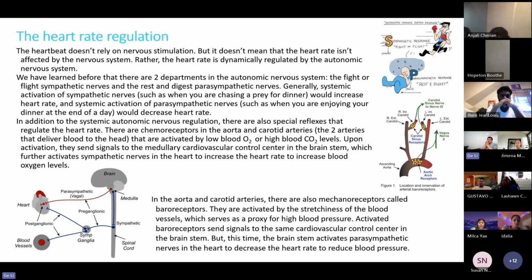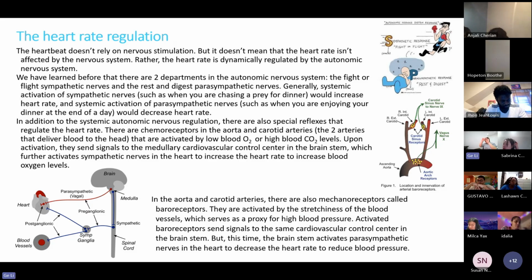Because normally one way to activate this sympathetic pathway to increase heart rate is because of low blood oxygen, low oxygen level in the blood, and high carbon dioxide, and low pH.